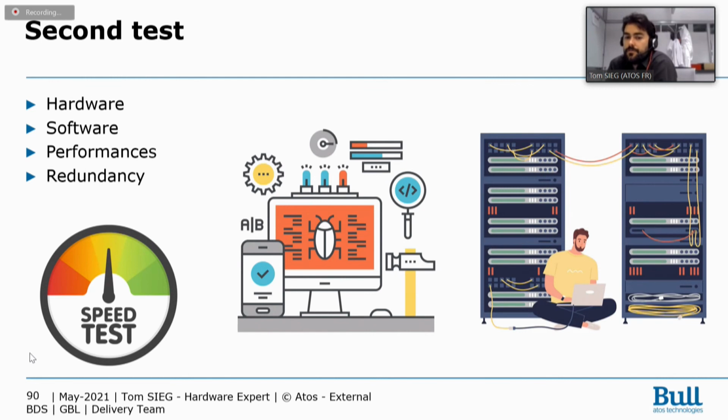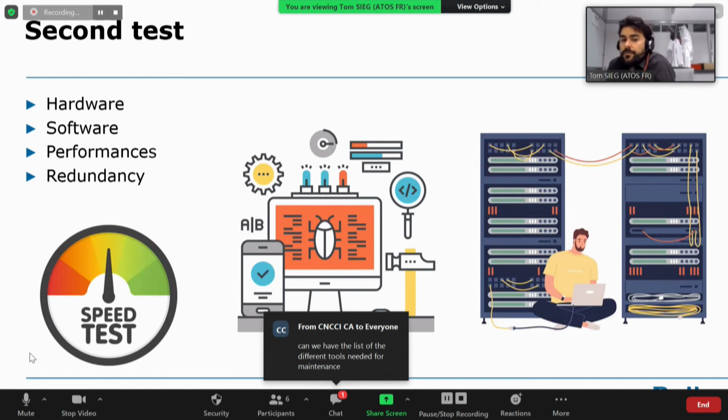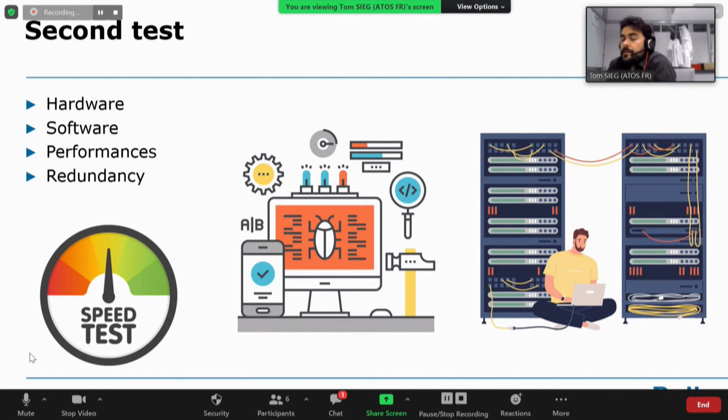Second test to do generally is for the bandwidth or for the storage. You have a simple dd test for the storage to see if you have the good transfer bandwidth, and for the network, an IO test simply to see if you have the good bandwidth, if the connection is stable, and if everything is fine.